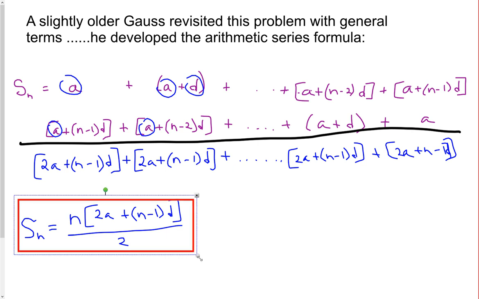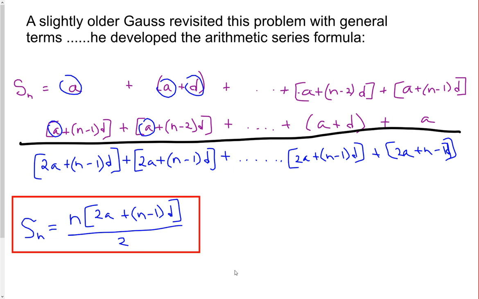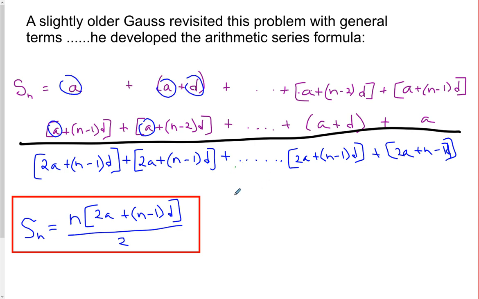I'm going to add in some terms on here so you can see what each thing is going to be equal to. And this is a formula we're going to use going forward to add up a big list of terms. So here we go. This one right here, D is our common difference, which we already knew.